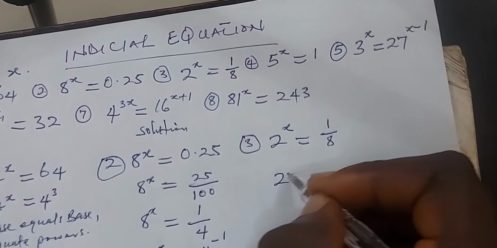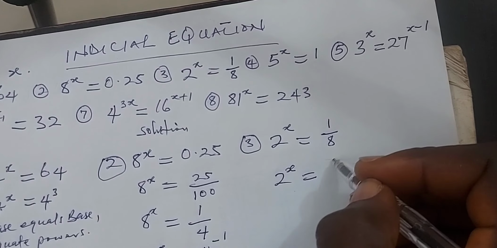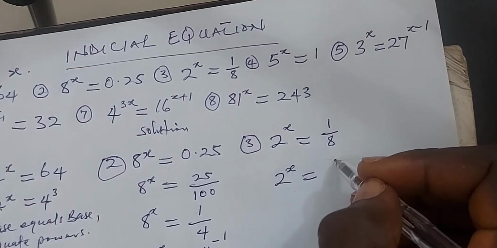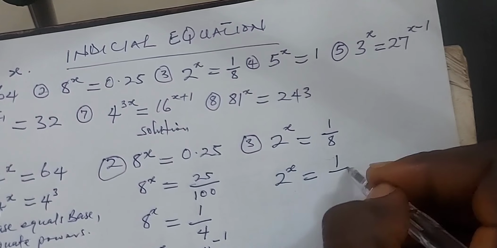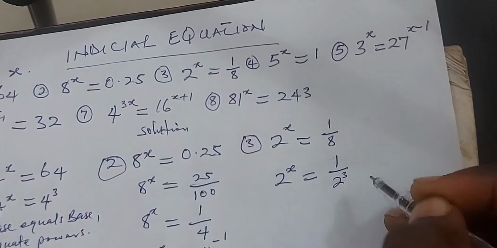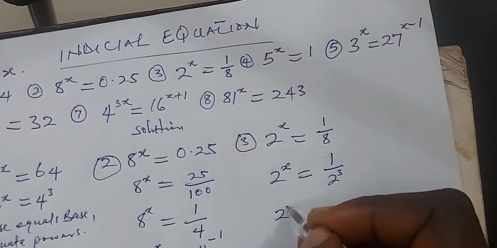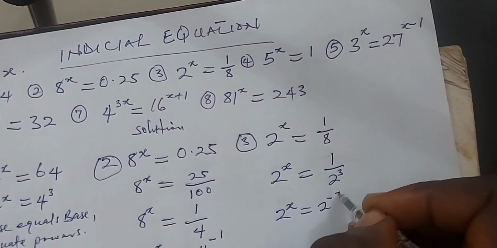We have 2 raised to the power of x is equals to 1 over 8, which can be written as 1 all over 2 raised to the power of 3. And therefore 2 raised to the power of x is equals to 2 raised to the power of minus 3.